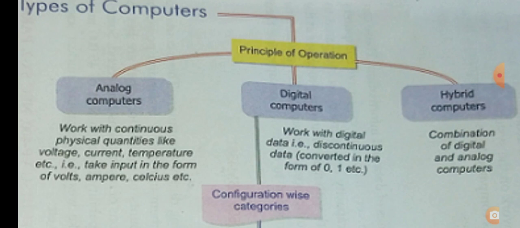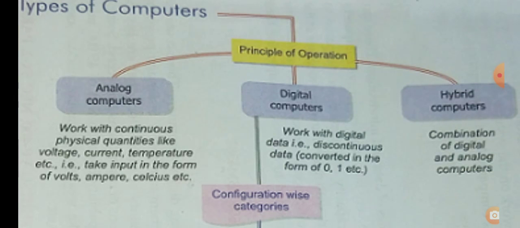And when we talk about the digital computer, digital computers work with digital data. This means discontinuous data, converted in the forms of 0 and 1. So digital means data is stored in the forms of 0 and 1, while analog computers work with continuous physical quantities such as voltage, current, and temperature, etc.